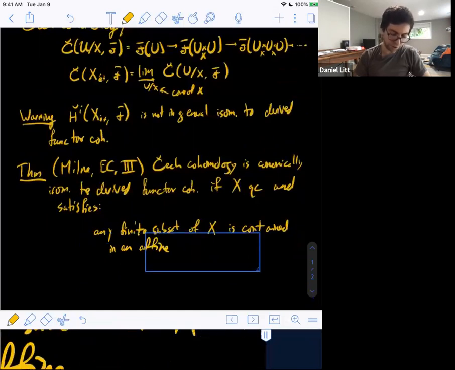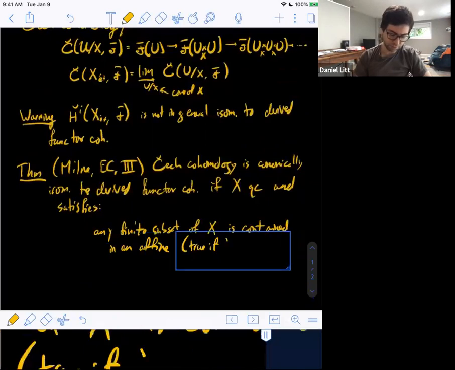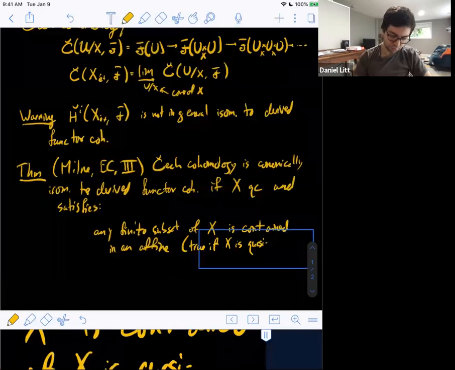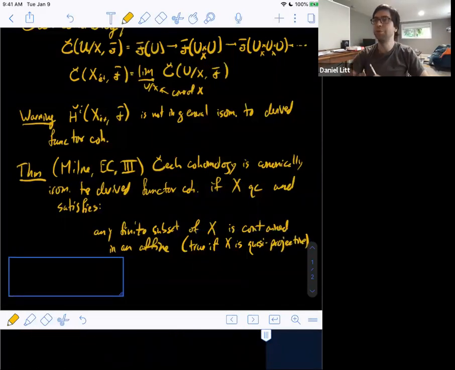Okay, and then the remark, and there was some discussion of this in the Discord, which is that this is true, for example, if X is quasi-projective. The discussion in the Discord was, okay, so how do you check this if X is quasi-projective?